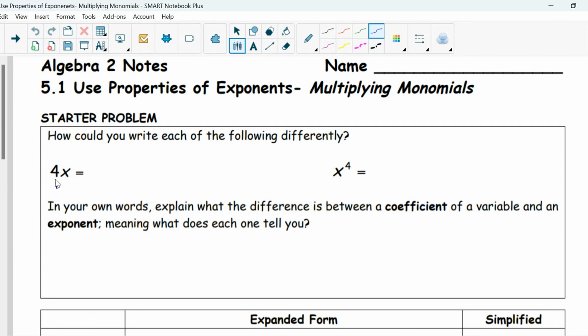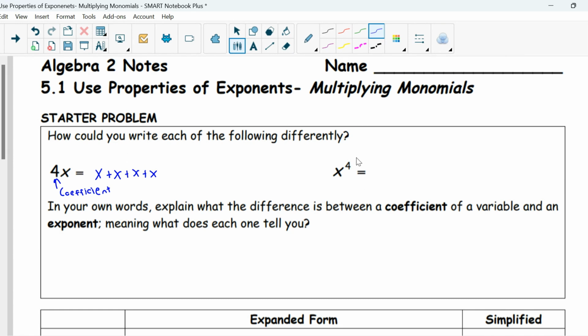Our 4 here is the coefficient of x. Remember, when we're multiplying things, it's like adding the thing over and over again. So 4 times x is the same as saying x plus x plus x plus x. Adding x 4 times. You're multiplying x.